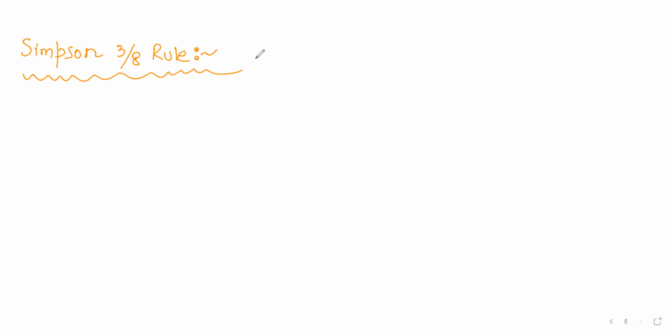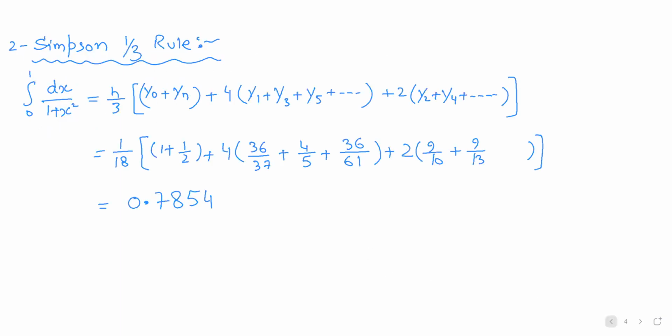So we will go with this one. Okay, again, the formula is given by the integral from 0 to 1 of dx over 1 plus x squared, which will be equal to 3h by 8. Let me check.